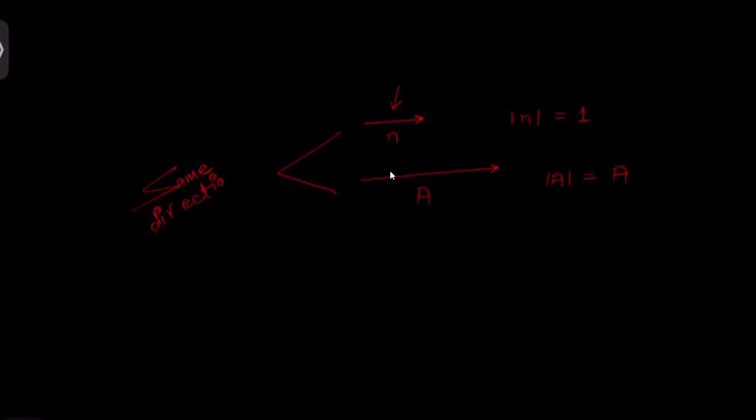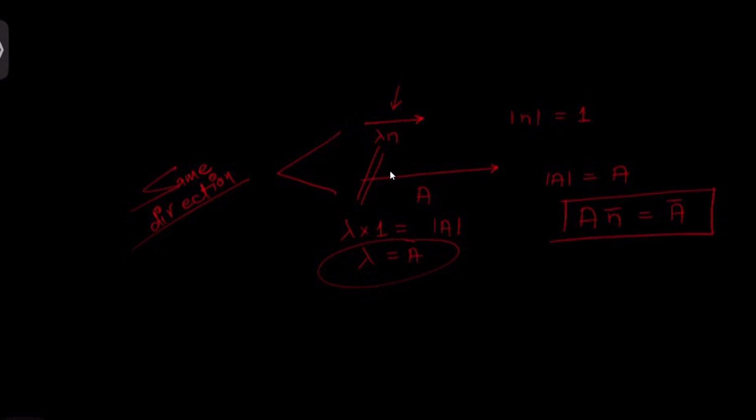What if I have to multiply this unit vector by a quantity such that its magnitude is equal to the magnitude of a? It is quite evident that lambda into 1 should be equal to the magnitude of a, and therefore lambda should be equal to a. Hence a times n vector is nothing but equal to vector a. So that is how this can be explained.